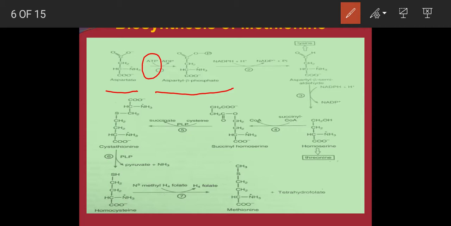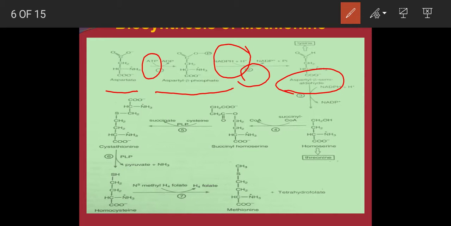This activated aspartyl beta phosphate is reduced by the enzyme aspartyl beta semi-aldehyde dehydrogenase at the expense of NADPH plus H plus, and this results in the formation of aspartyl beta semi-aldehyde.